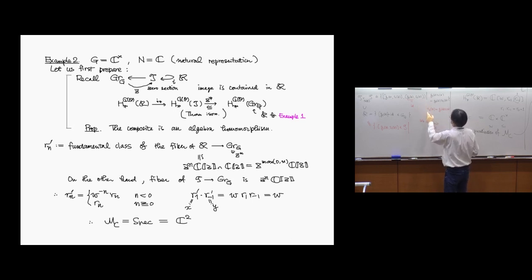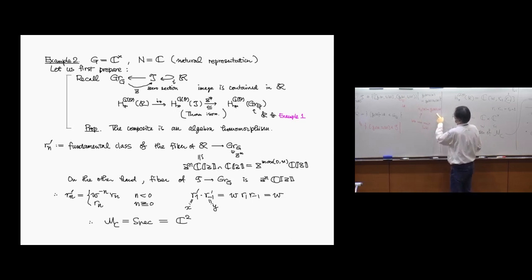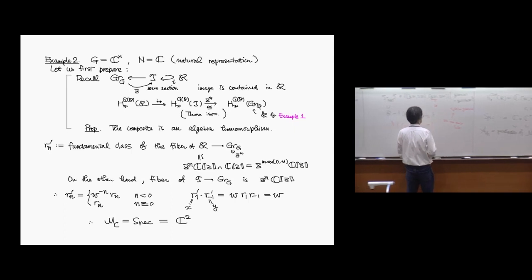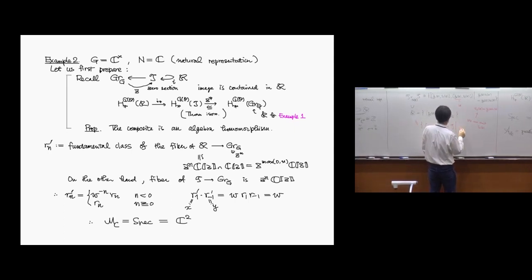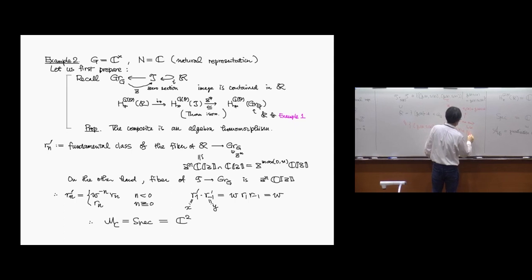So you must ensure that this should have no pole in G. So this means G1 times S1 of G is in N of O.